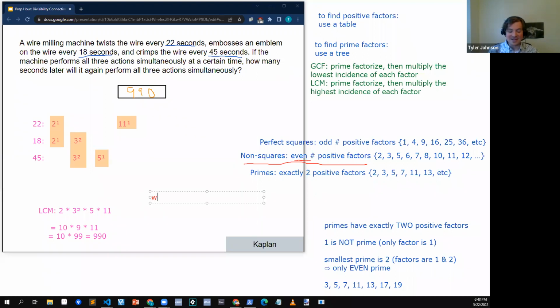Okay, an extension here. What's the greatest common factor of 22, 18, and 45?